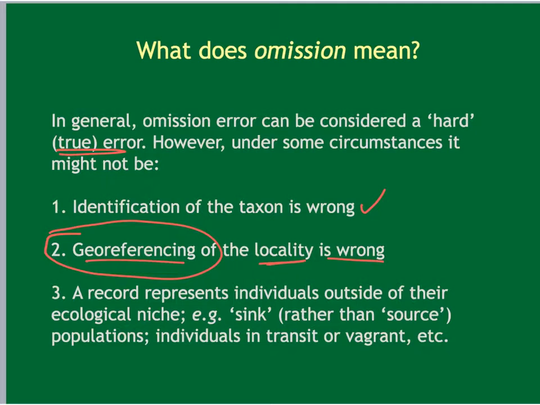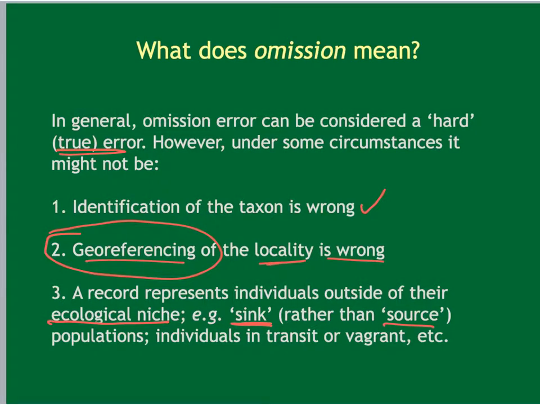The other thing that may happen, building on ecological niche theory, is that we may have records representing individual events or species identification outside of the niche that that species occupies. In other words, that location may be a sink, an area where the species was recorded, but where the habitat doesn't actually promote persistence of the species, what we would call a source.